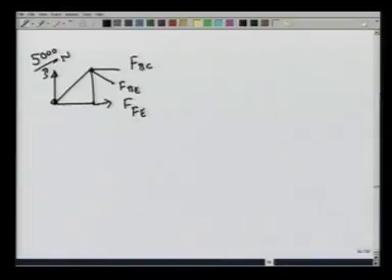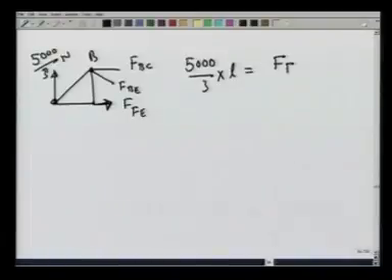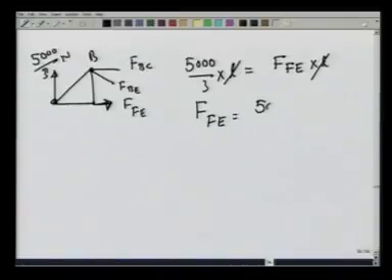Easier would be to take torque about point B and balance the torques due to FFE and 5000 over 3 newtons, and that gives me 5000 over 3 times L one way is equal to FFE, and the direction is also correct, times L. L cancels, and FFE comes out to be 5000 over 3 newtons.